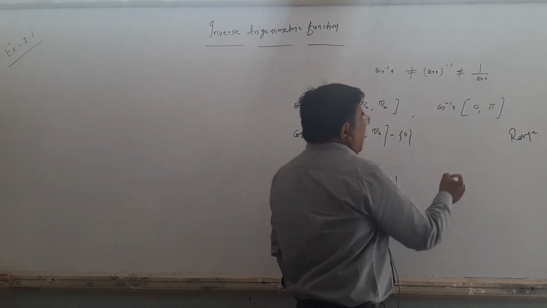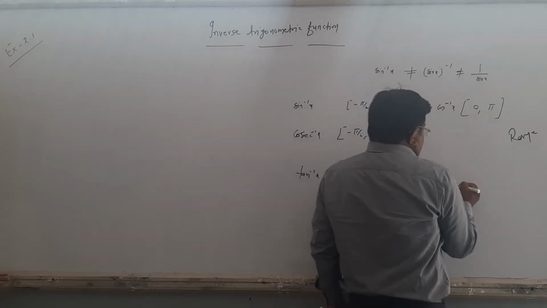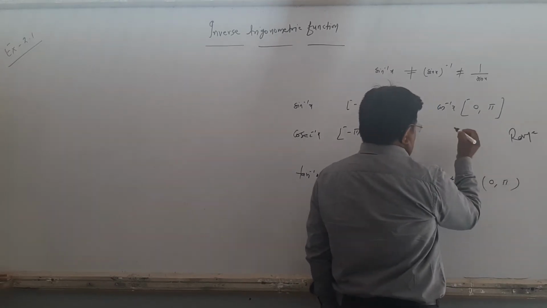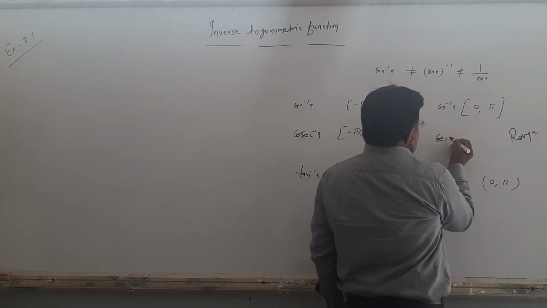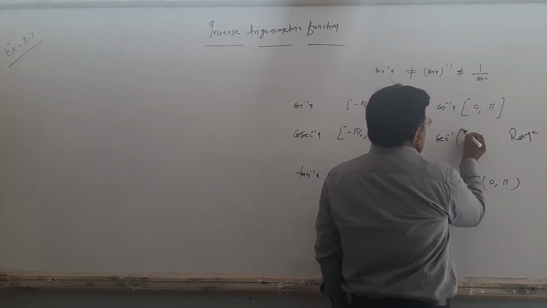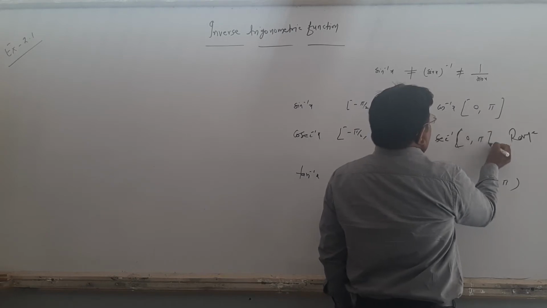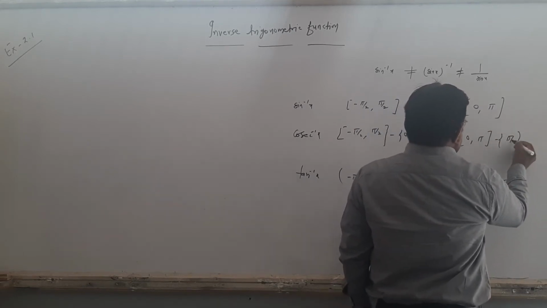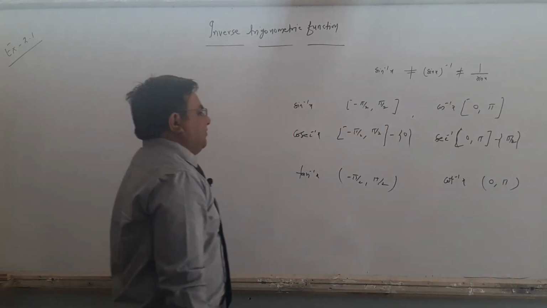The range of cot inverse x is the open interval 0 to pi, and the range of sec inverse x is the closed interval 0 to pi except pi by 2. So these are the ranges of the 6 inverse trigonometric functions.